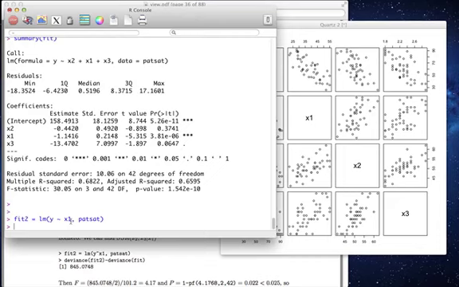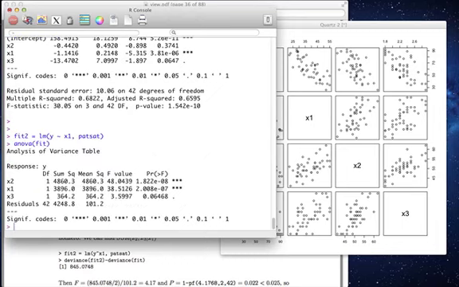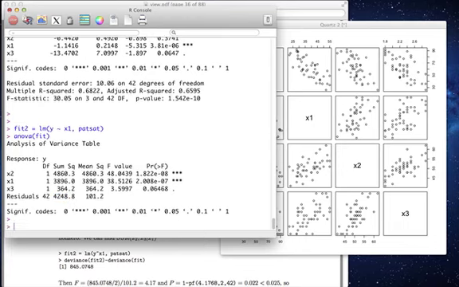Now, the simplest way to actually do this test is to use a function called deviance. So let's go back and look at an ANOVA table for fit1. What this says is that 4,248 was left unexplained by a model with all 3 terms in it.